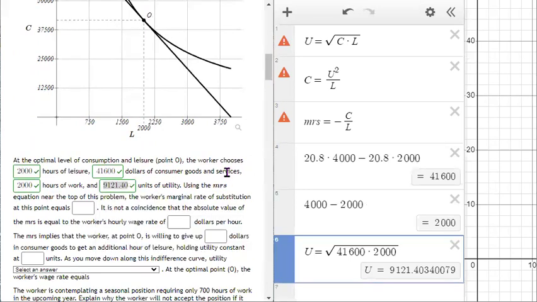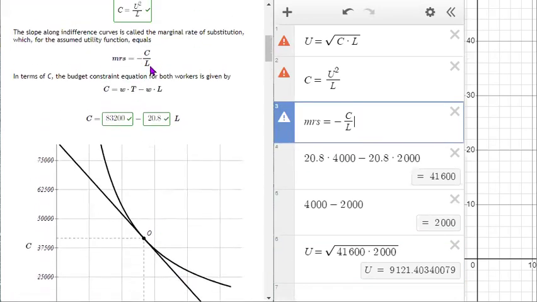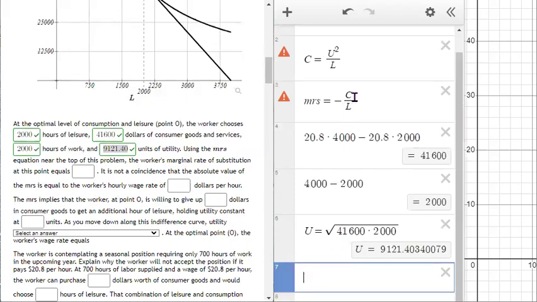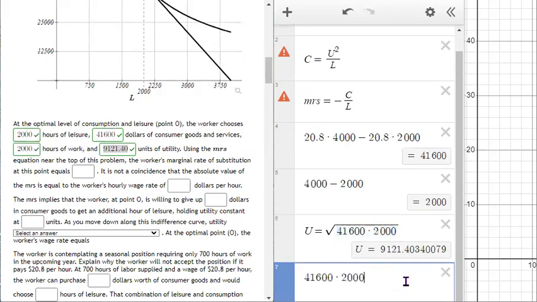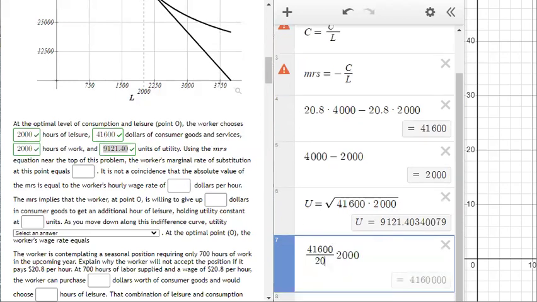Now, using the MRS equation near the top of this problem, the worker's marginal rate of substitution is equal to what? In order to calculate the marginal rate of substitution, you have to do the consumption level divided by the leisure level, C divided by L. So I'm going to copy this right here, and then change the multiplication to division.